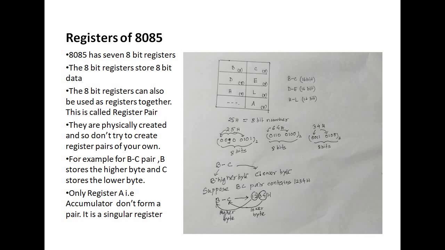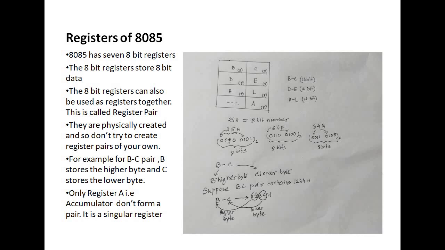Okay, now these 8-bit registers can also be used as registers together. Okay, that is called register pair. Okay, so the pairs that can be formed are B, C, D, E, H and L. Now one thing you should make clear, that you don't create other pairs as per your choice. They are physically created as BC pair, HL pair and DE pair.